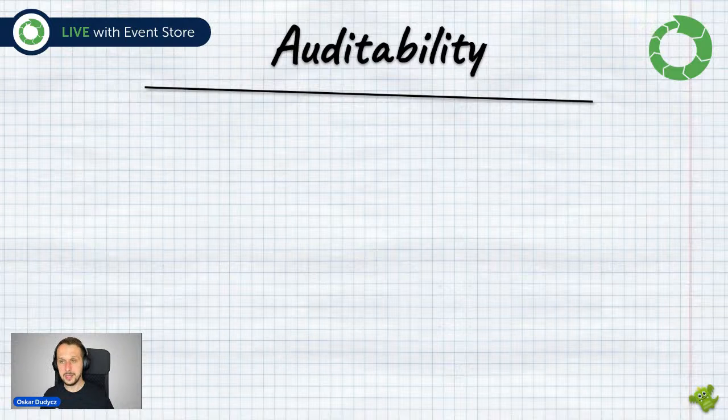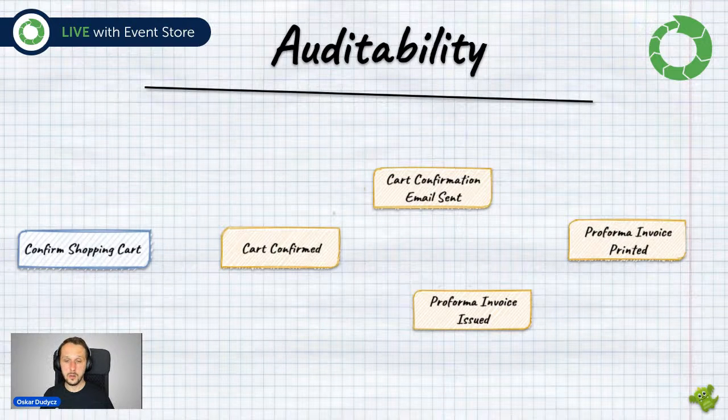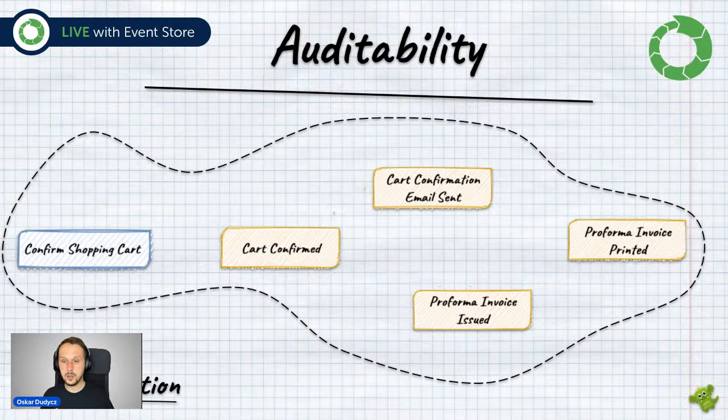And we are also getting auditability. So if we have a process where we confirm a card, then we are producing a card confirmed event, then we are subscribing and running some other logic, like sending an email, generating a pro forma invoice and then printing this invoice, then we can correlate all of that information together.